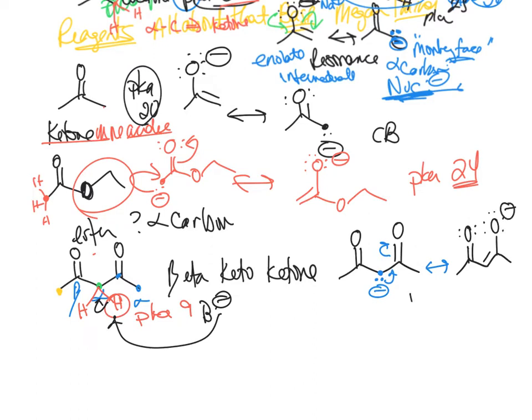You go the other way. So how many resonance structures is that? 3 resonance structures. 3 resonance structures is why the pKa is lower, a 9. So that's a beta keto ketone.